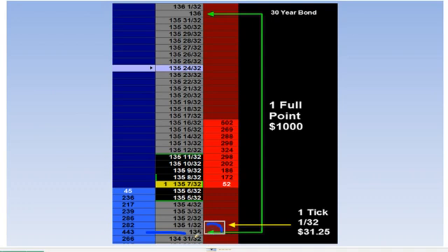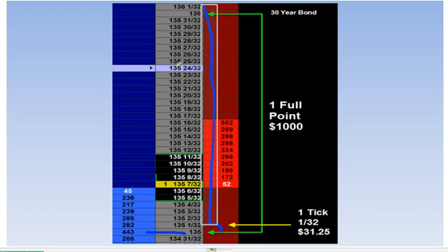So the bond market is traded in 32nds. It's kind of back in the day, like back in the 90s when everything was still trading in fractions, like 5/8, 7/16, 7/8. Well, this thing's still trading in 32nds. So if you go from 135 all the way up to 136, how much money are you going to make? That's going to be 32 ticks.